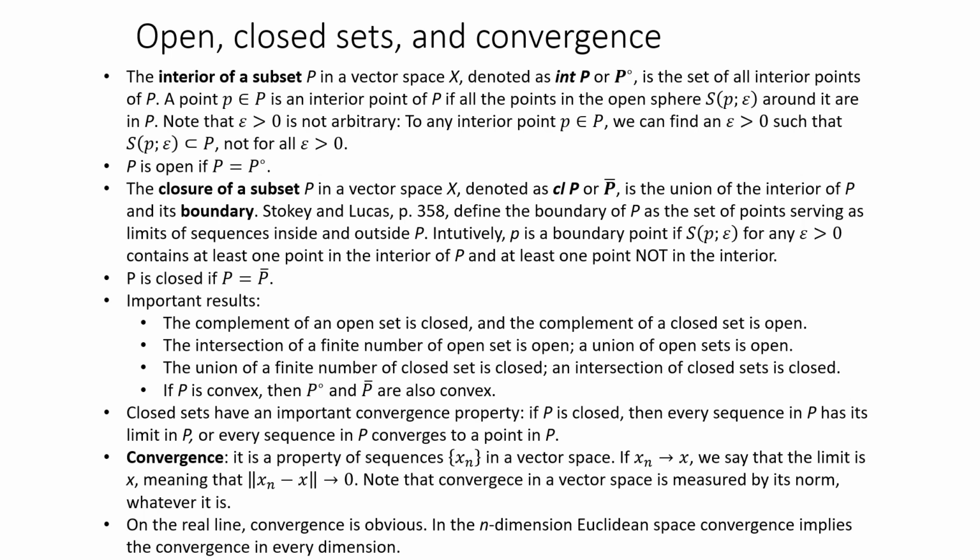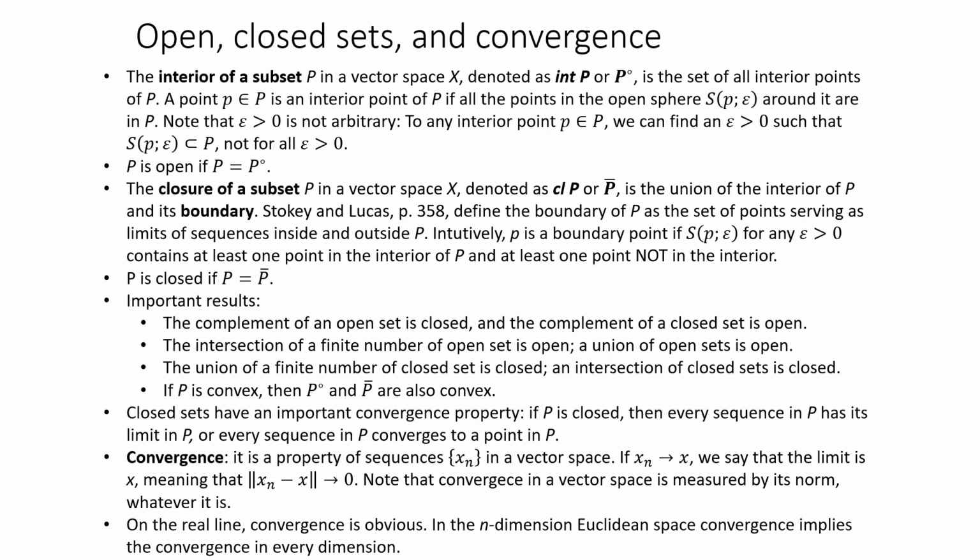It is a property of sequences in vector spaces. If a sequence converges to a point, if xn converges to x, we say that the limit is x, by which we mean that the distance approaches 0.